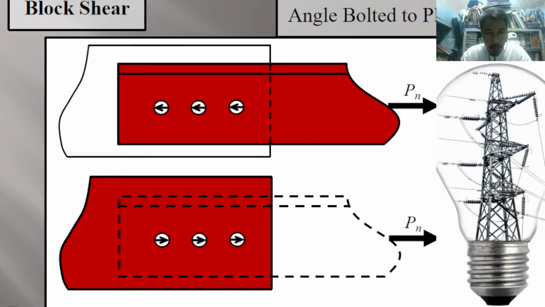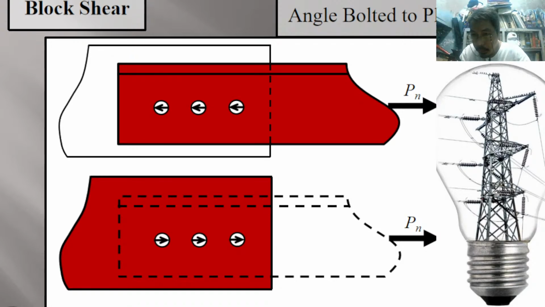So now, currently on your screen, we have the diagram representation of block shear on that one leg of the angular section. On the top is the picture wherein the angle is shown in red.